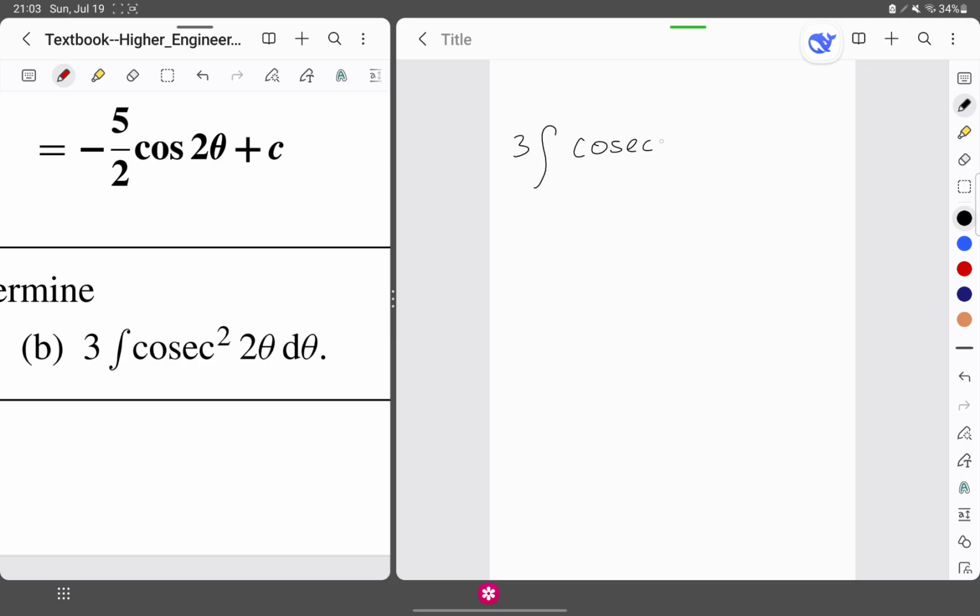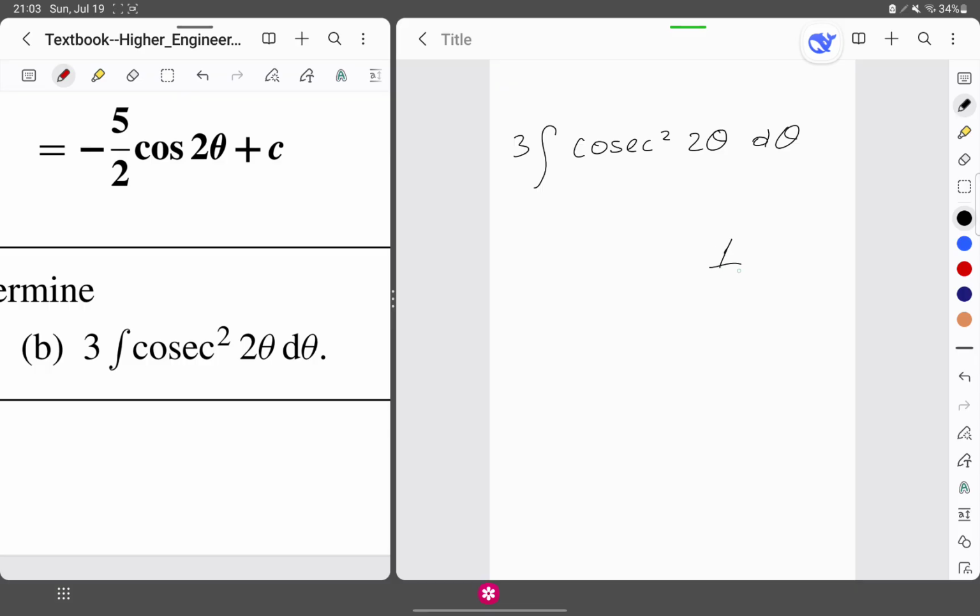Cosecant square 2 theta dt. By the way, I didn't learn the things by heart. I just tried to learn and understand the logic. So cosecant is 1 over sine square, secant is 1 over cosine square.